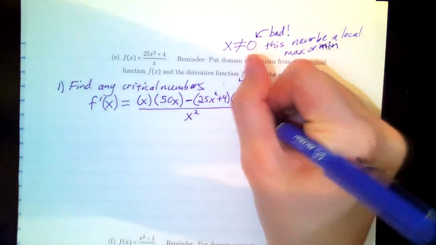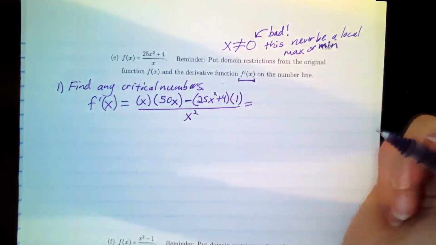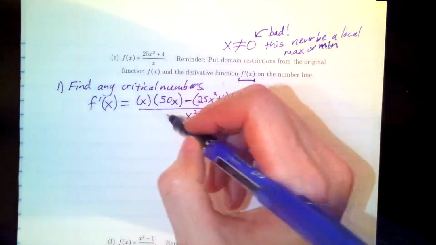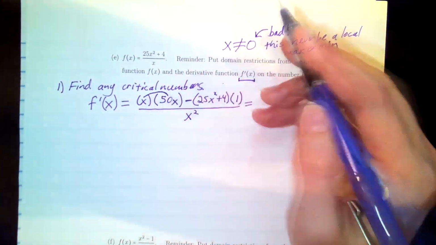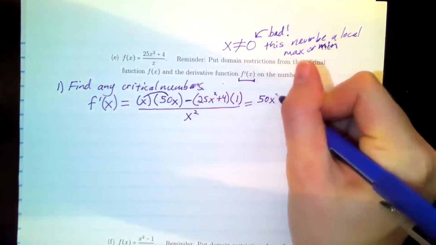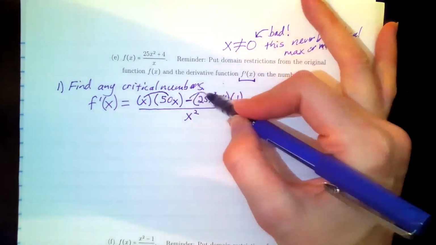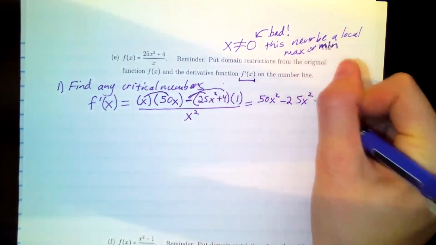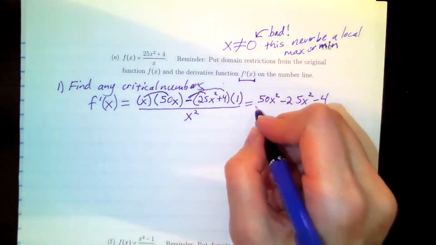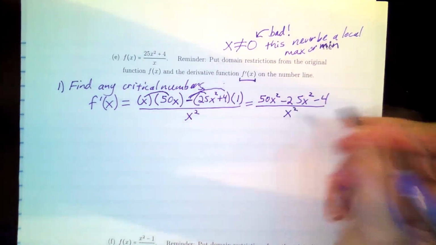So we get here, and I do have to simplify this a tad because I'm going to set this equal to 0, right? So let's take this x and multiply it by 50x. That gives me 50x squared. And let's distribute this minus sign to both of those terms. I get minus 25x squared minus 4. And this is all divided by x squared.